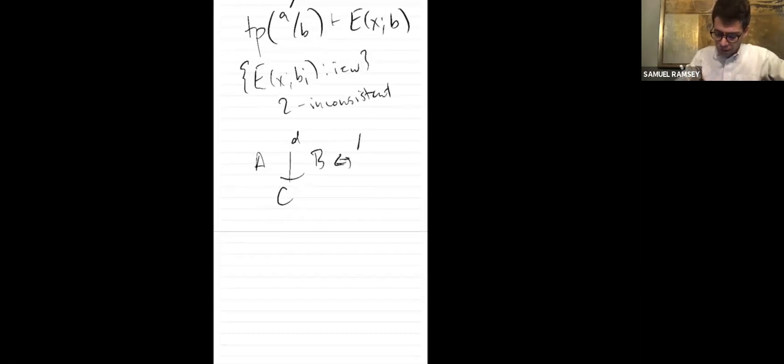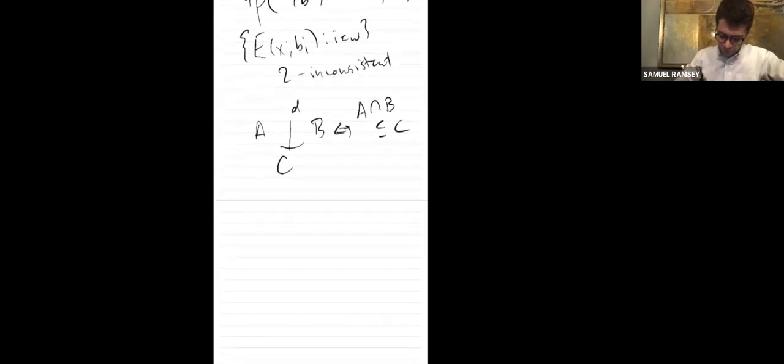One of them is, of course, that A intersect B is contained inside of C. This is always a requirement. But also, if I look at the classes of elements of A, and I take the intersection of that with the classes of B, that the intersection is contained in the classes of C.